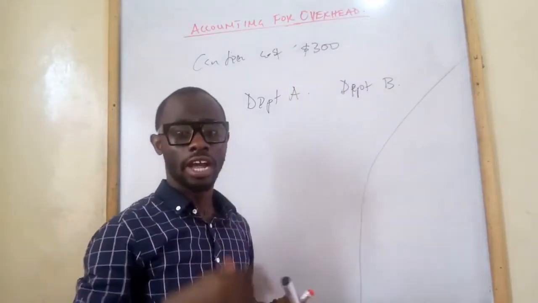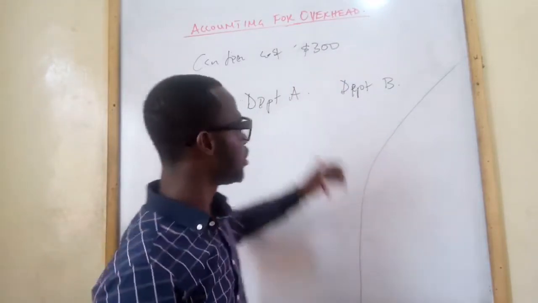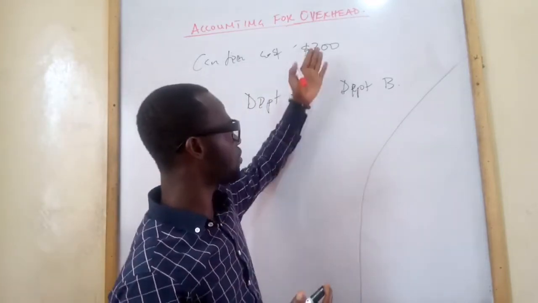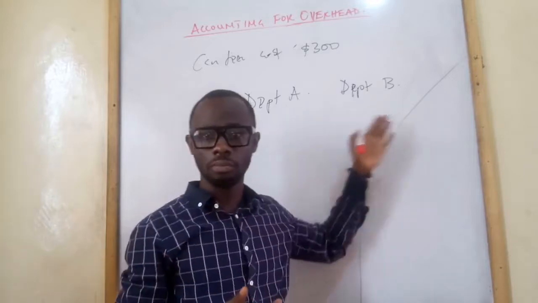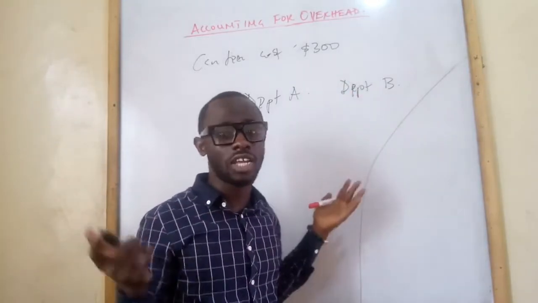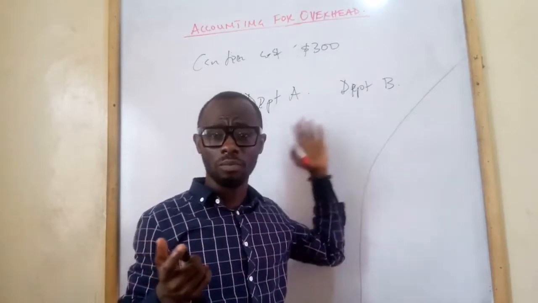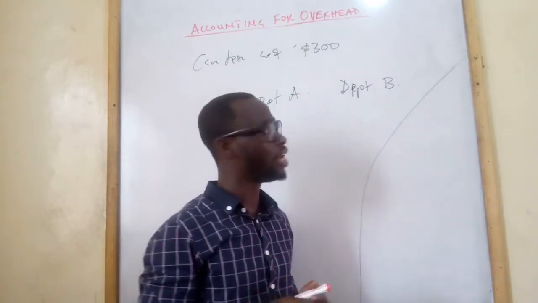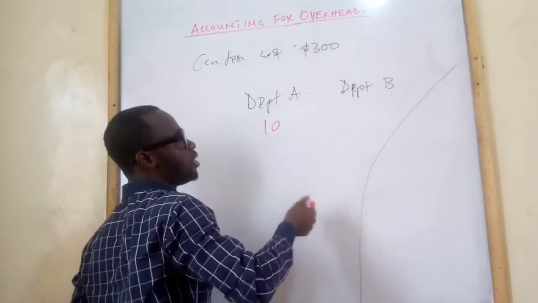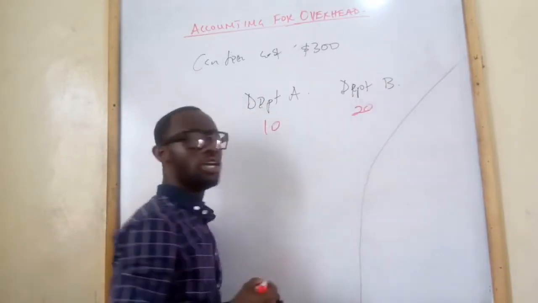So in the whole week, the canteen cost for the organization was $300. But we need to apportion, we need to share that $300 to the various departments. So on what basis will we share the canteen cost? Definitely, it will depend on the number of employees that are in each of the departments. So let's say Department A has 10 employees and Department B has 20 employees.